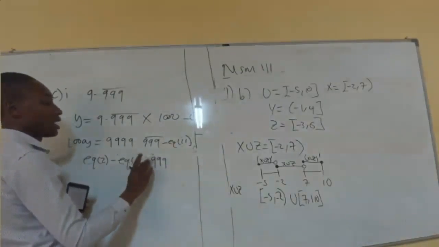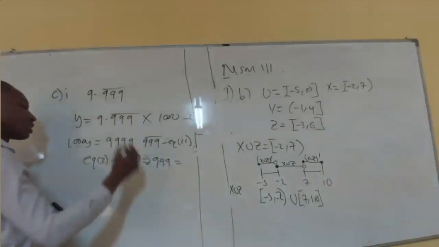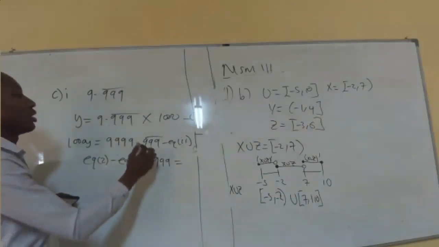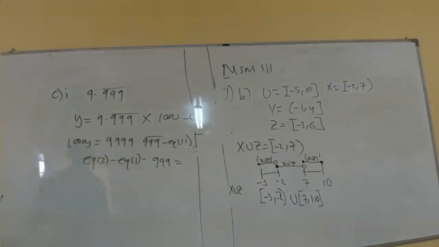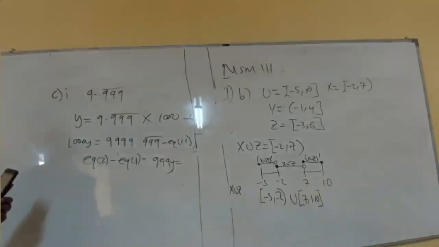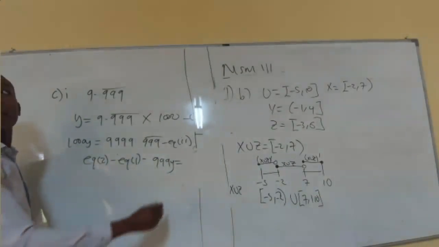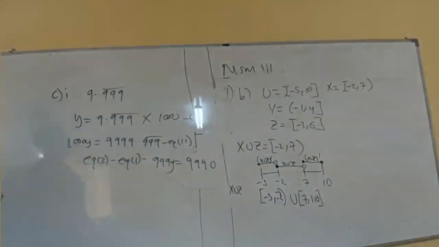So 999y is equal to 999.999 bar minus 9.999 bar, which gives us 9990.